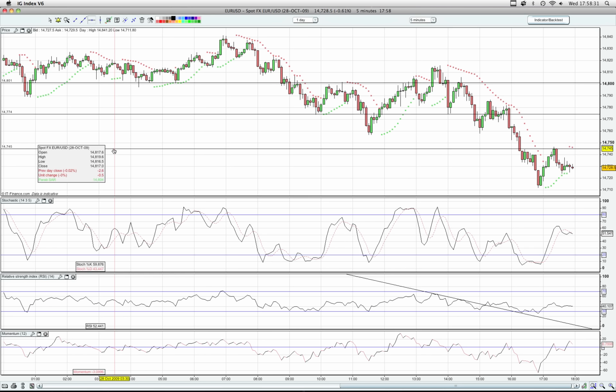So in 2 trades, that's 72 pips, purely using RSI.